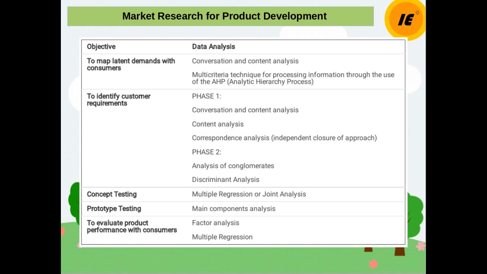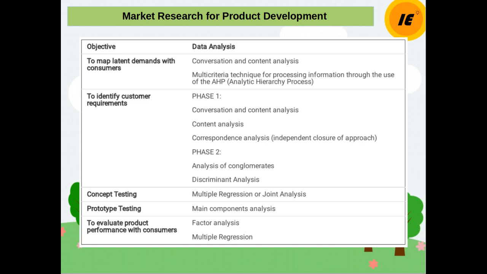So we know about content analysis. The word itself basically tells the story: there is a lot of unstructured data because it's qualitative research, so you need to do some content analysis to get more structured data so that you can make inferences out of it. And in phase 2, analysis of conglomerates, discriminant analysis, and concept testing.